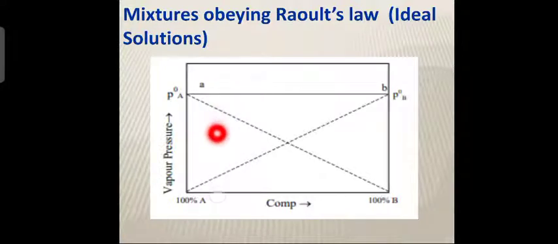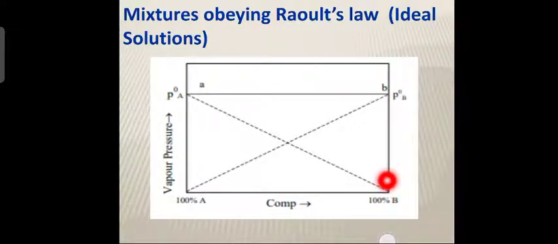In other words, the percentage of component A goes on decreasing as we move from left to right. This is 100% A, this is 100% B, that means 0% A. Then what about the percentage of B?